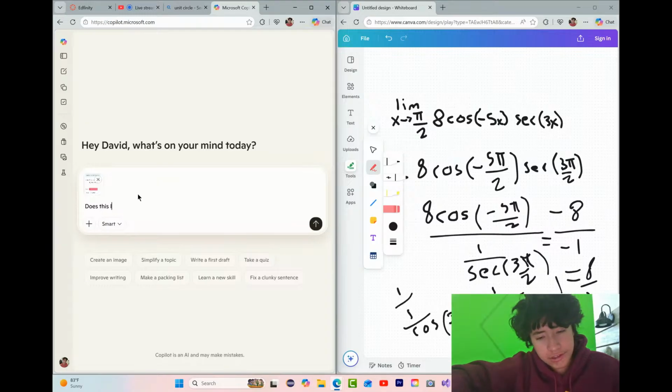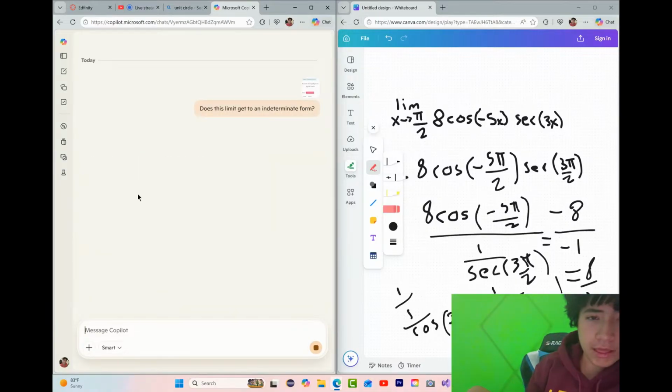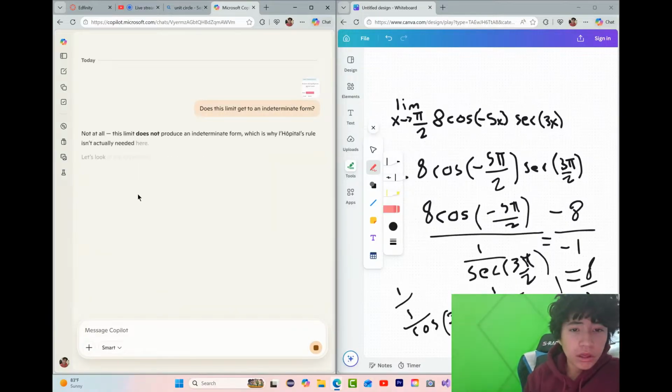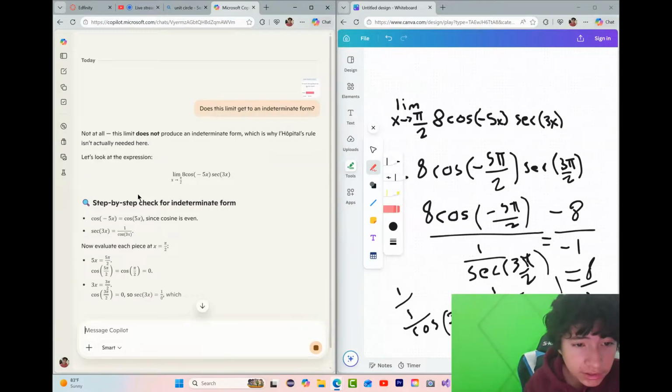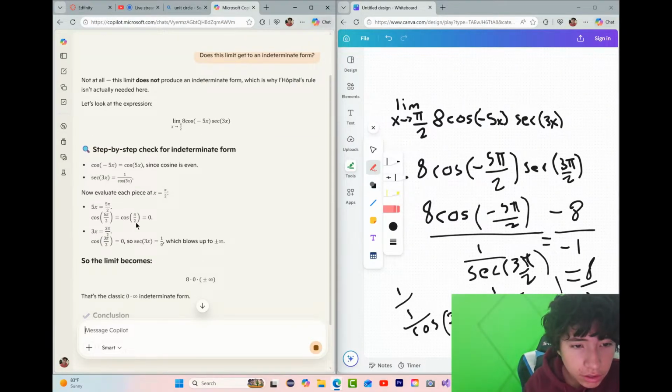Does this limit get to an indeterminate form? Yeah, it's not needed here. 5x, 5 pi over 2.